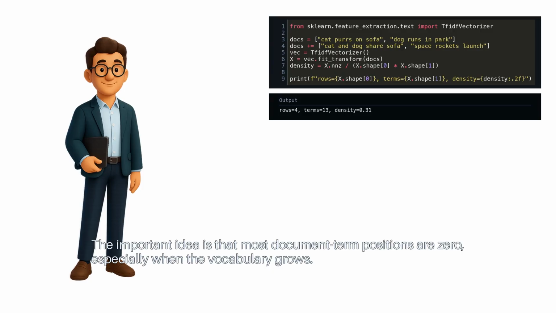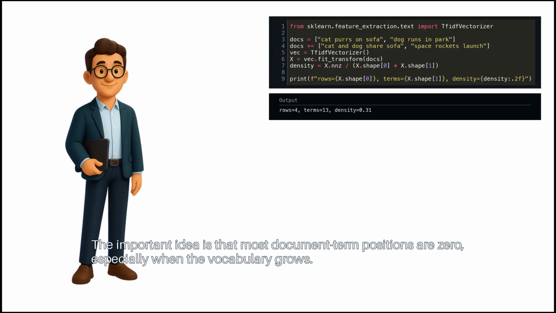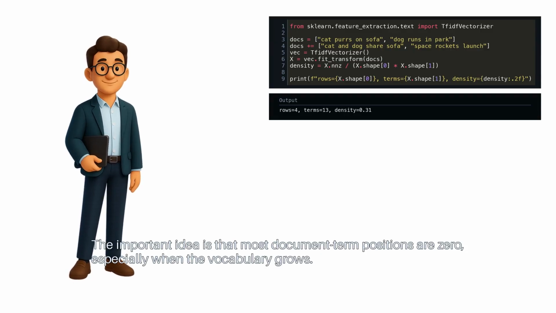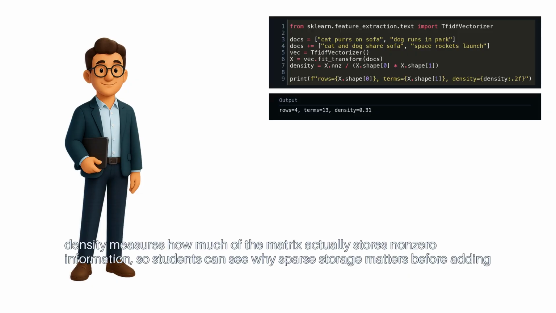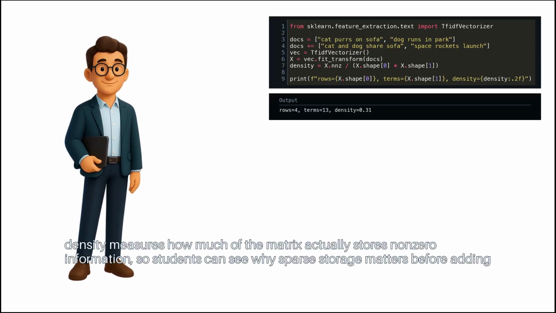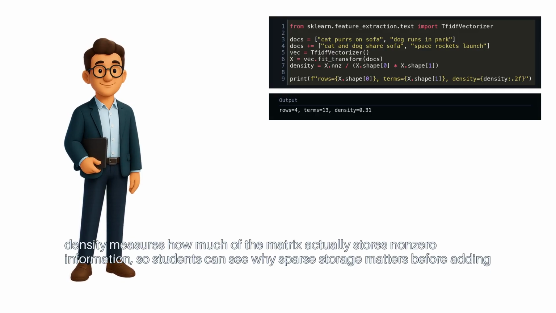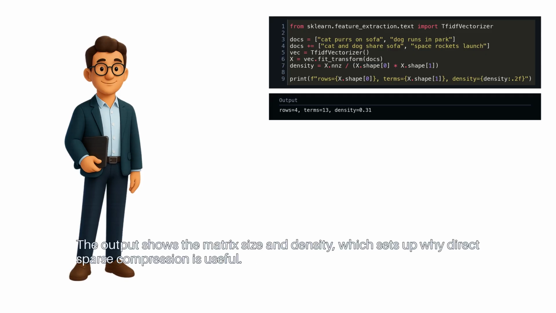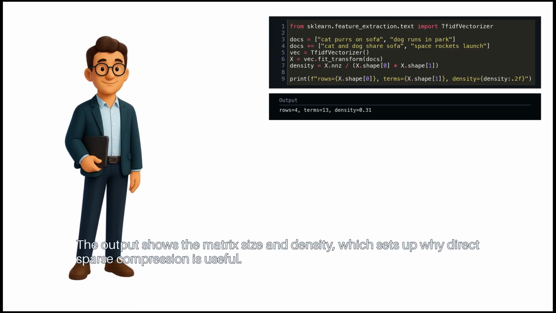The important idea is that most document-term positions are zero, especially when the vocabulary grows. Density measures how much of the matrix actually stores non-zero information, so students can see why sparse storage matters before adding compression. The output shows the matrix size and density, which sets up why direct sparse compression is useful.